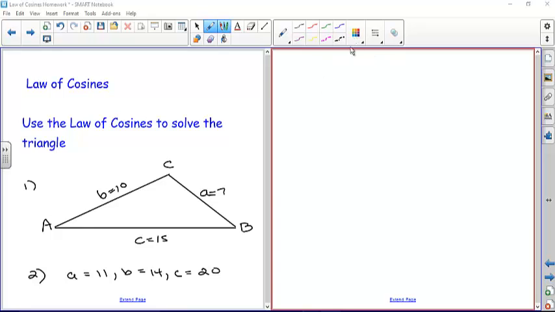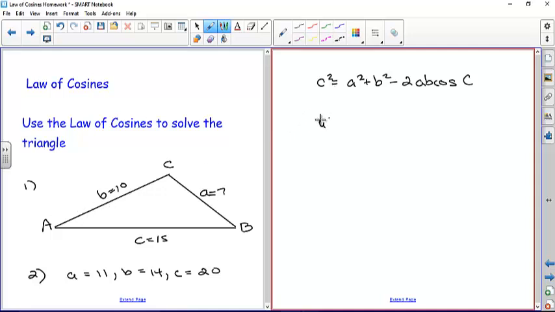Now the law of cosines says that c squared is equal to a squared plus b squared minus 2ab times the cosine of the included angle c. So in our case, we can choose any angle to start with.